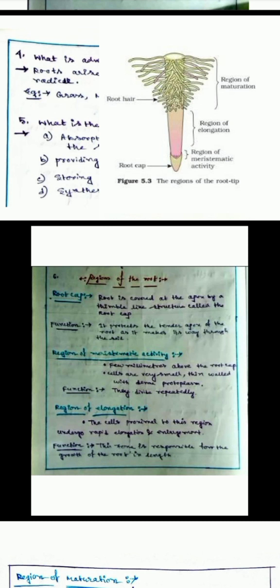Function: they divide repeatedly. Now, region of elongation. The cells proximal to this region undergo rapid elongation and enlargement. What is its function? This zone is responsible for the growth of the root in length.